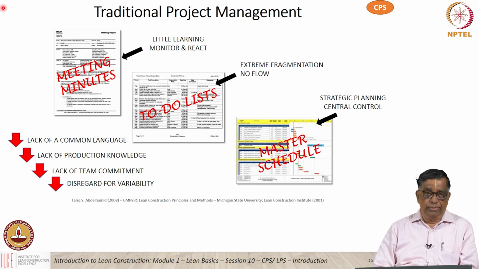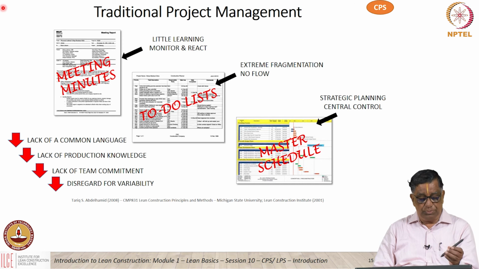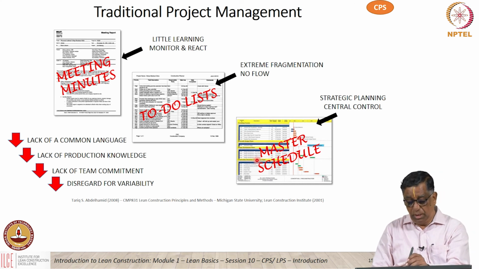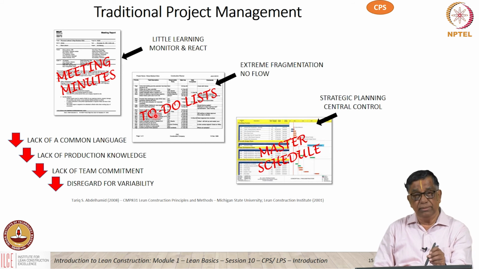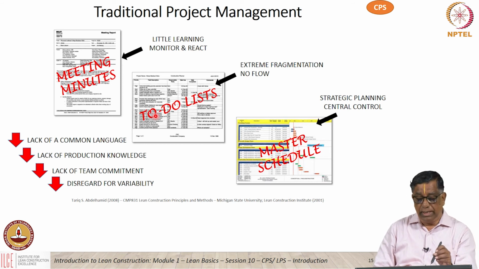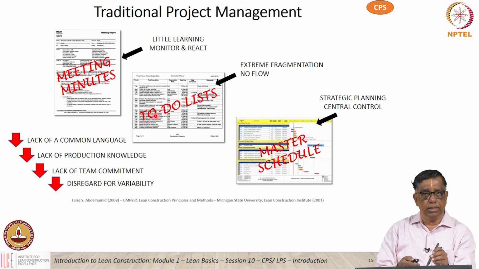And if you look at the way projects are managed, you have your minutes of meeting, a lot of meetings are going on. Then we make to-do lists, and then we have master schedule, which is a huge Primavera or MS project network with a lot of activities and so on. So we have little learning because the minutes of meeting keep getting made, and then we are only able to react. And the to-do lists are again very fragmented. We don't have the overall picture. The workflow is not the criteria.